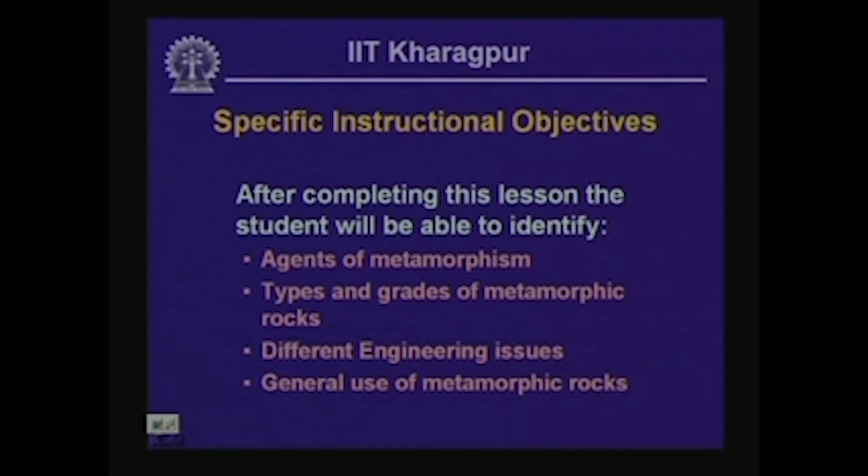Then we are going to classify metamorphic rocks, look at the grades of metamorphic rocks, and we are going to consider basic engineering issues that are involved with metamorphic rocks and economic uses of metamorphic rocks.